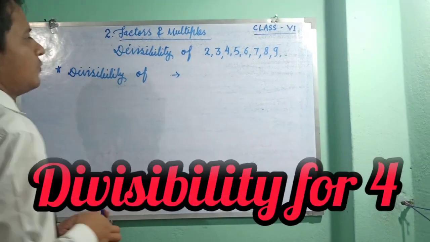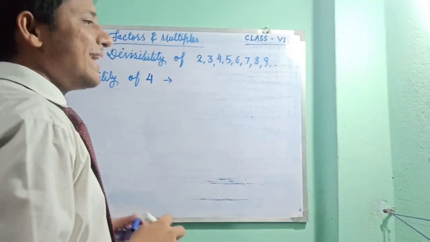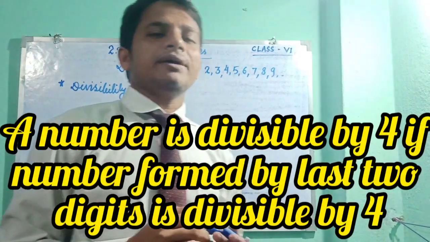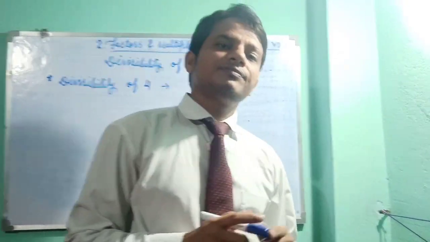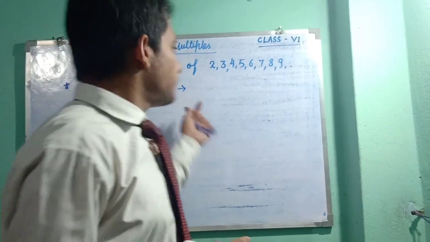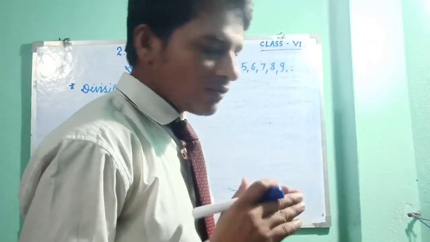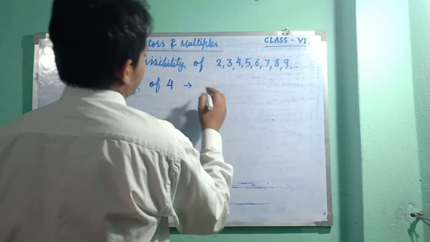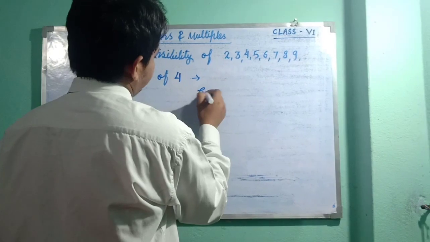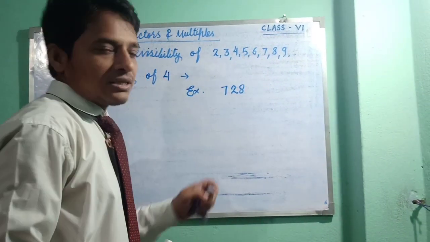divisibility of 4. A number is said to be divisible by 4 if the number formed by its last 2 digits is divisible by 4. Let's see an example: 728. Is it divisible by 4?